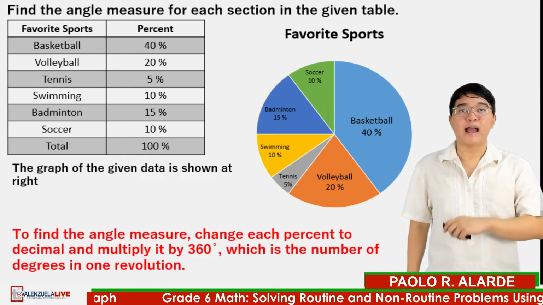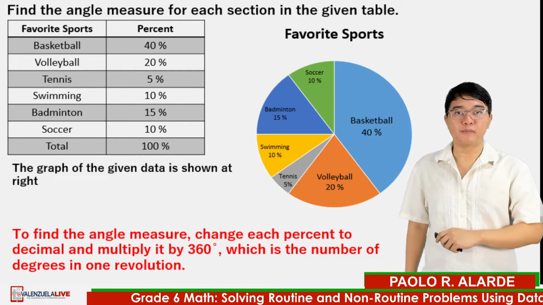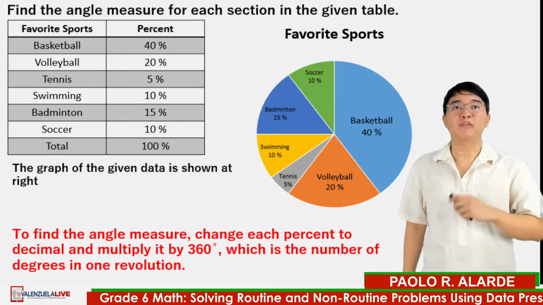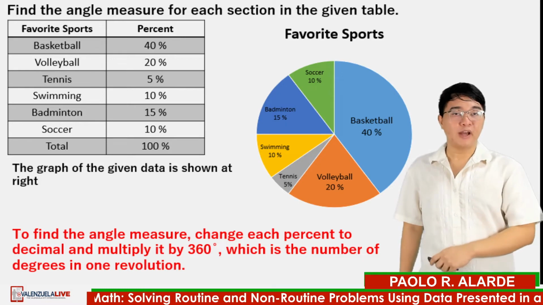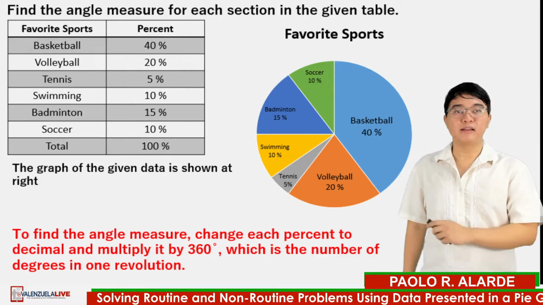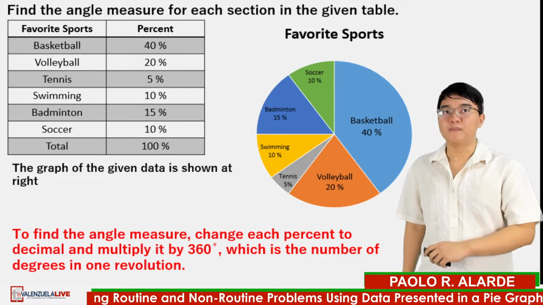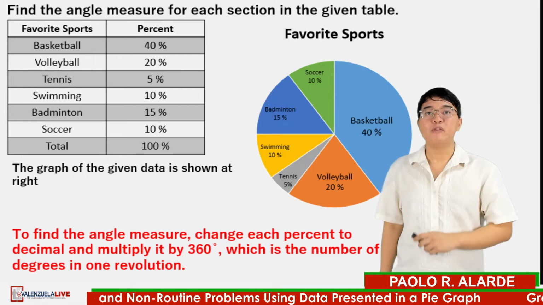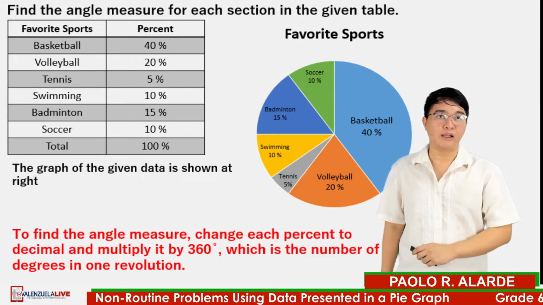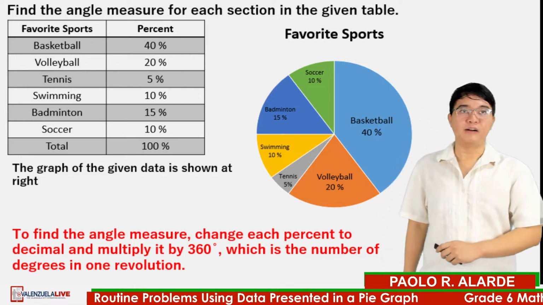And after changing it to decimal form, multiply it by 360 degrees. What is the 360 degrees? Where did it come from? Okay, 360 degrees is the number of degrees in one revolution of a circle. Okay, let's try.